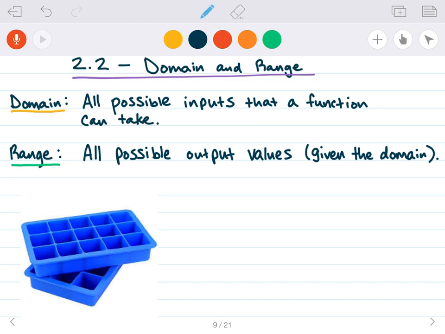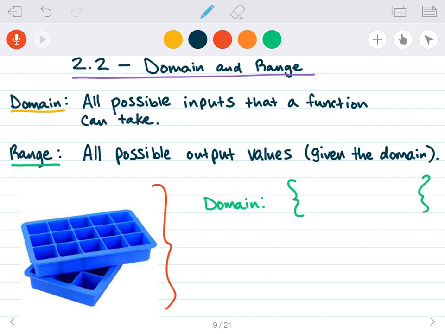I want to illustrate this with a silly example of these ice cube trays. As we know, the function associated with ice cube trays is to freeze liquid and make cubes, right? And they don't necessarily have to be cubes of water. We can put really any kind of liquid we want into these trays and freeze them and make cubes. So what is the domain of the function of freezing liquids into ice cubes?